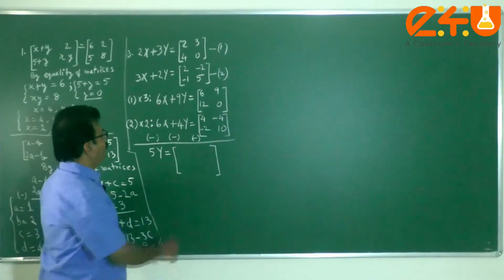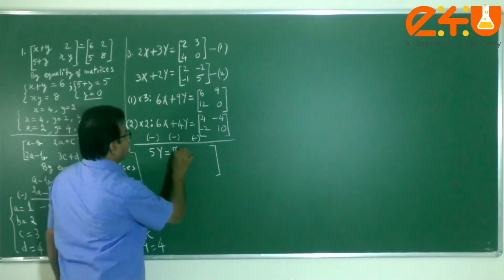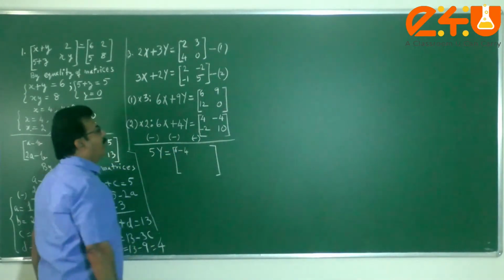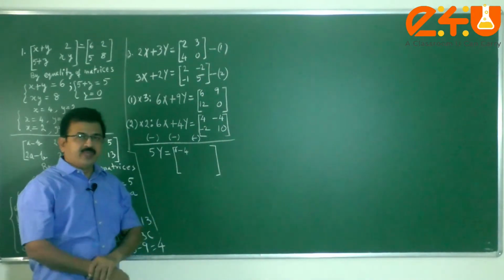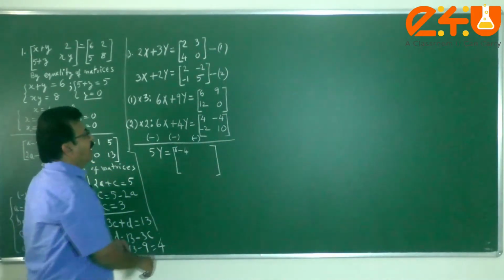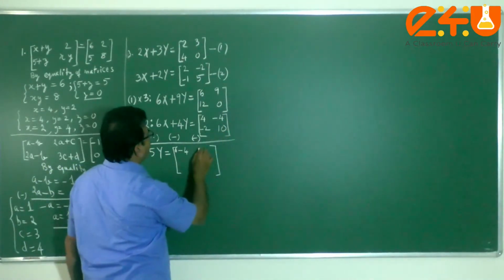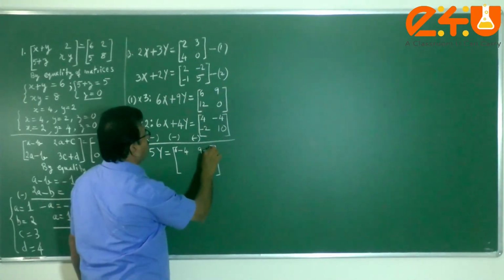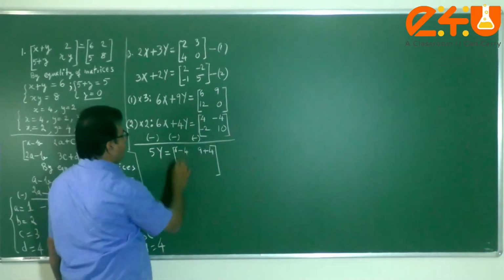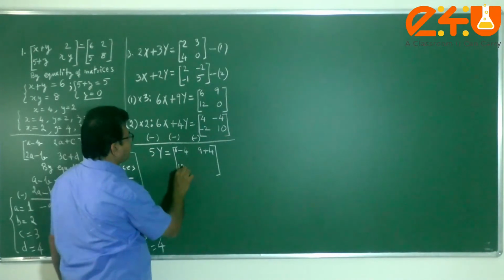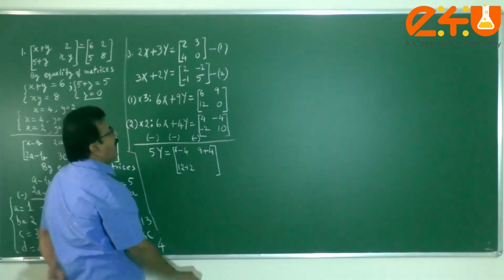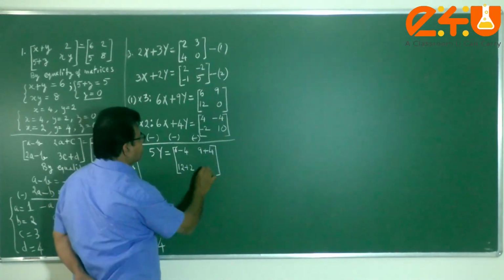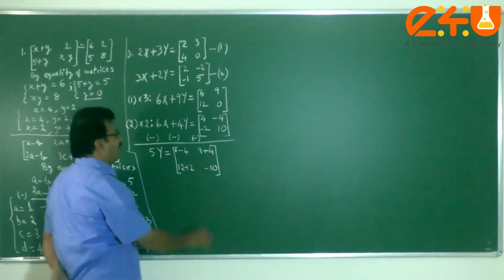So 6 minus 4. I am writing here so that I am not doing everything in my mind, so students can understand for the first time. 9 minus of minus 4 makes plus 4. Same thing in position 2, 1: 12 minus of minus 2 makes plus 2, and it is 0 minus 10, so I am simply writing minus 10.